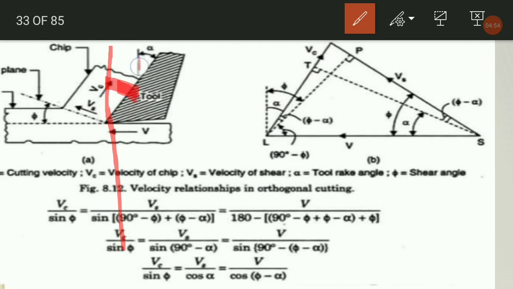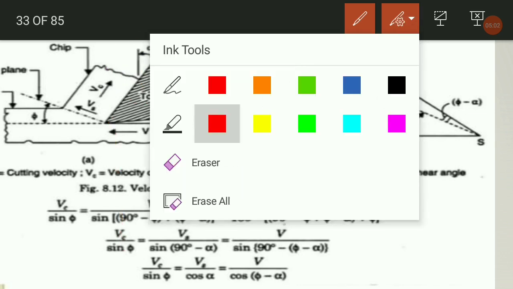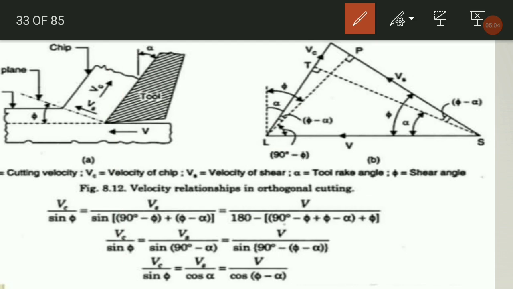Considering this alpha and phi, you will find the different angles of the triangle.